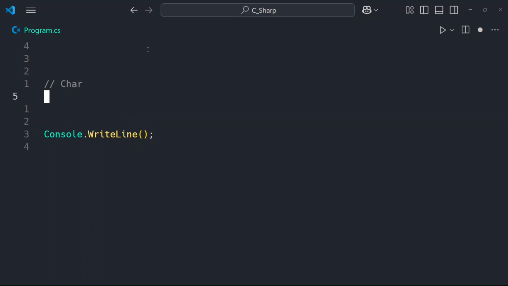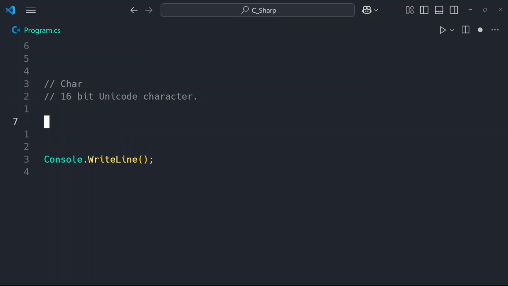Char is a 16-bit Unicode character used in strings or low-level processing. So, for example, you can say char money, and you say dollar sign, and that's the char. Always remember to use the single quotes to represent char.